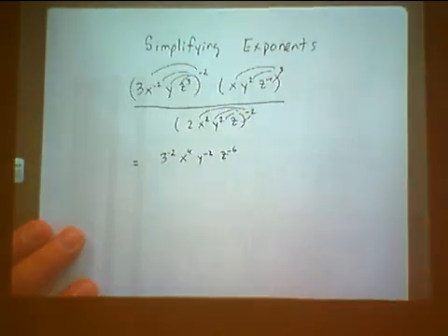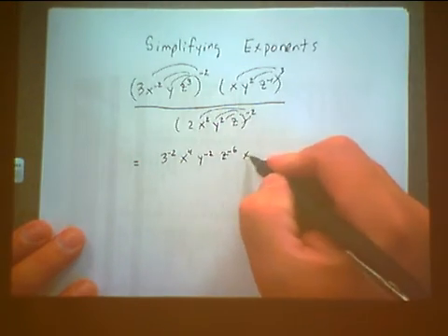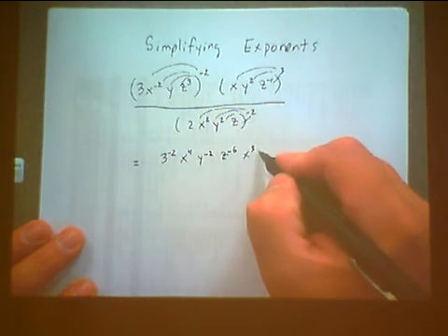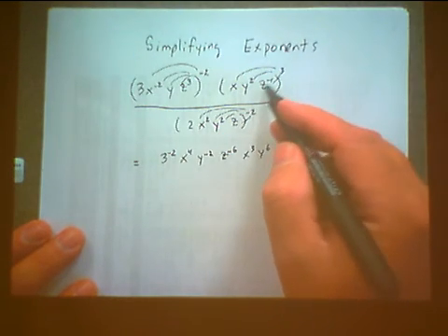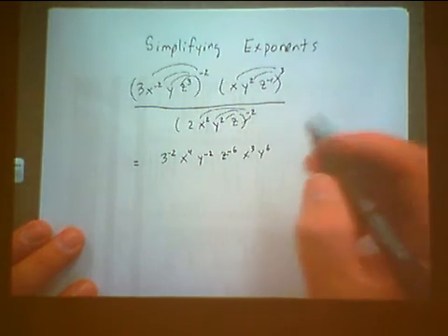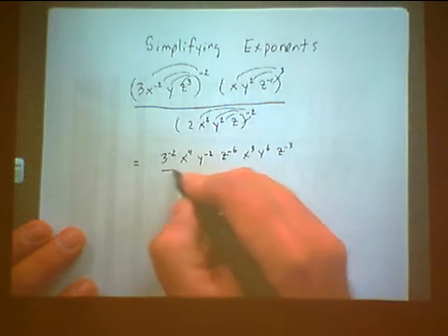We multiply 3 times negative 2. For the second set of parentheses, we'll have x cubed. Y squared raised to the third power is y to the 6th. Z to the negative 1 raised to the third power. We multiply 1 times 3. And that's z to the minus 3.